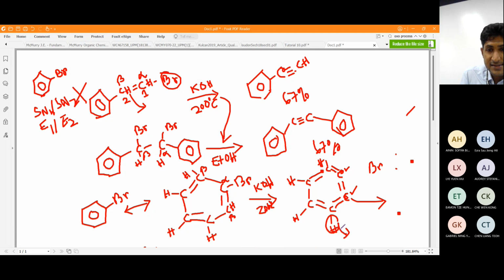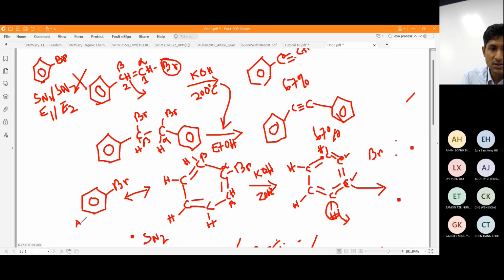First of all, this hydrogen will be very hard to remove because it's already a stable structure. And even if it is removed, the structure will be so rigid, with double bond after double bond, that it will not stay there.